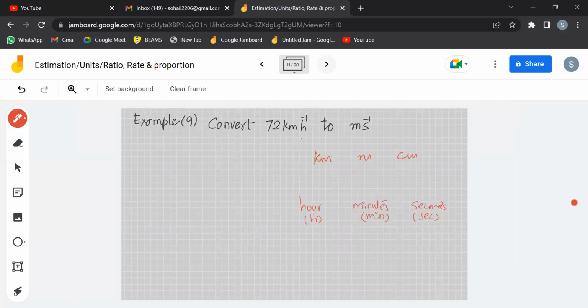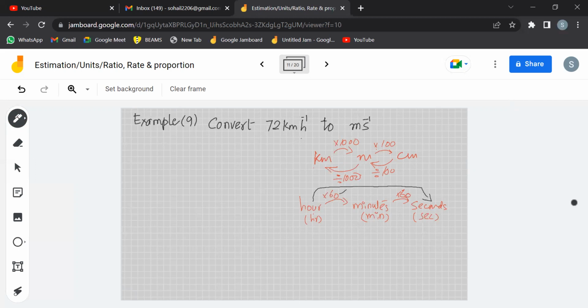Well, from 72 kilometer per hour to meter per second. Let us draw this first. Multiply by 1000, divide by 1000, and here multiply by 60, multiply by 60, and directly from hours to seconds if you want to move.